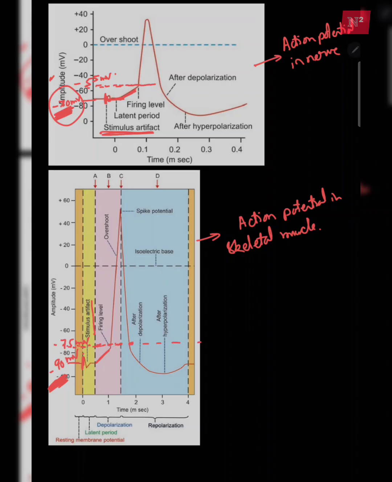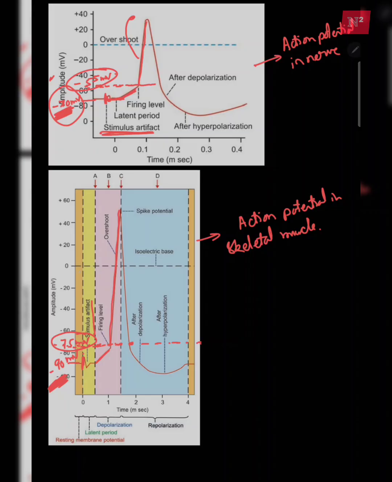If an electrical shock or stimulus is not achieving this minimum threshold voltage, it won't lead to action potential. So as soon as it crosses this threshold or firing level, we get a depolarization curve. In both of these you will get a depolarization curve. So this is called the depolarization phase of the curve.